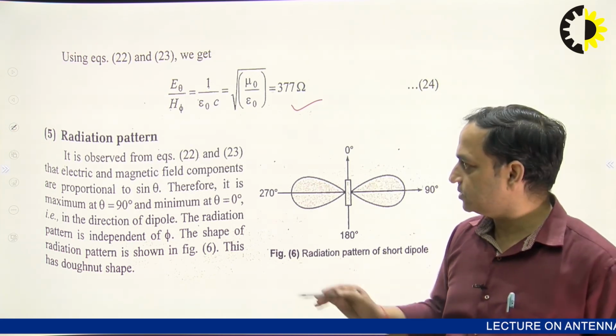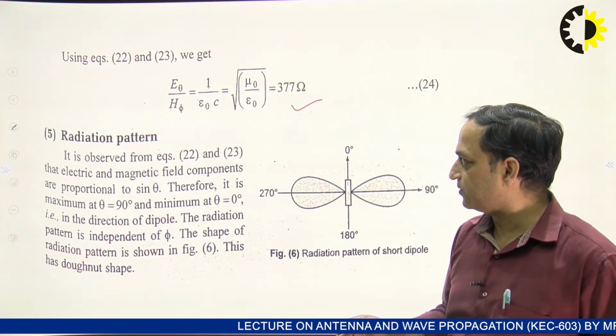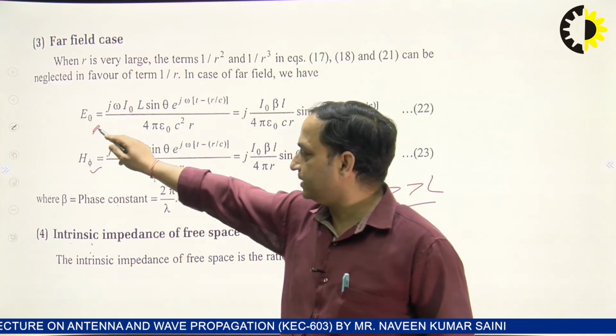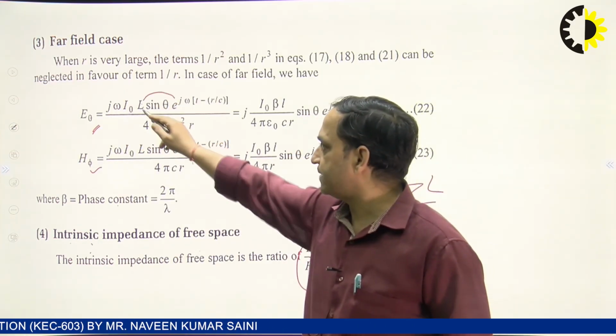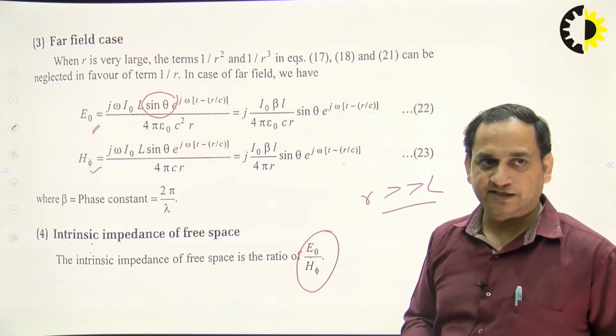Last is the radiation pattern, which we can calculate from the equation. When we find the E component, the maximum value is observed when sin theta is maximum, which means theta is 90 degree.